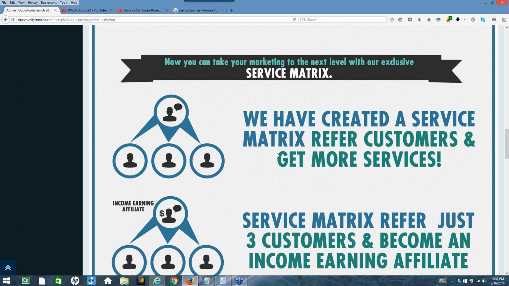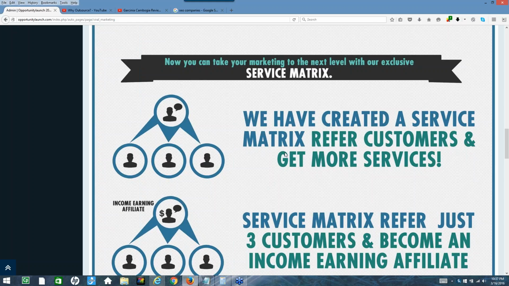What the service matrix does is, by you referring other people also to these services that have value, we increase the amount of services that we can do for you based on those referrals. So instead of you paying more money, we're not going to go that route to try to upsell only a certain amount of people who have the budgets to pay for those things.